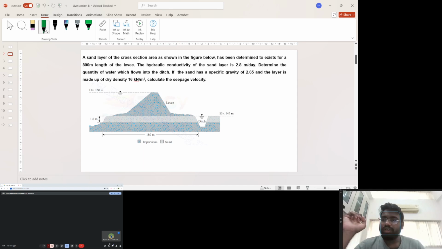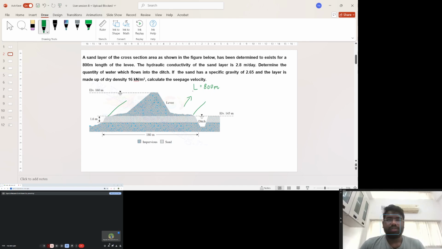So right now the figure is given. Now we have to approach the problem. First let us list down what has been given. Length in the third dimension, that is this direction, goes up to 800 meters.